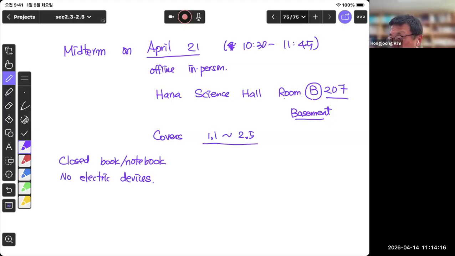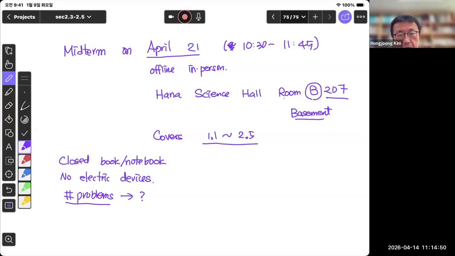And what else? The number of problems is not determined yet, so I don't know yet. I need to make the problems during the weekend, and depending on the types or the difficulty, the number of problems will be determined.